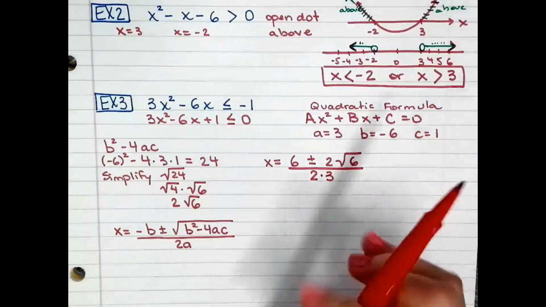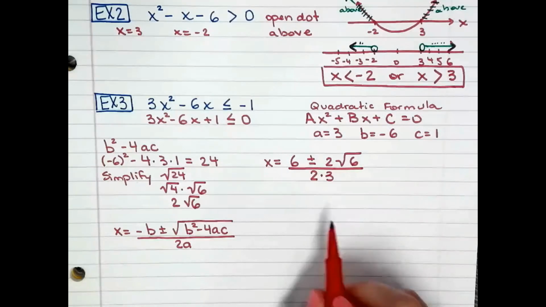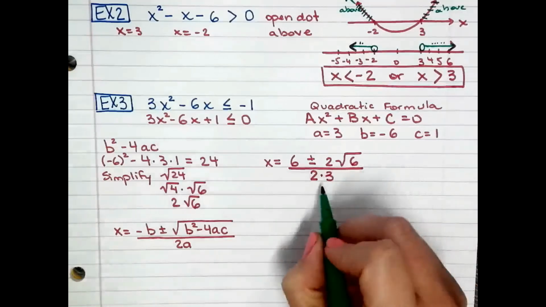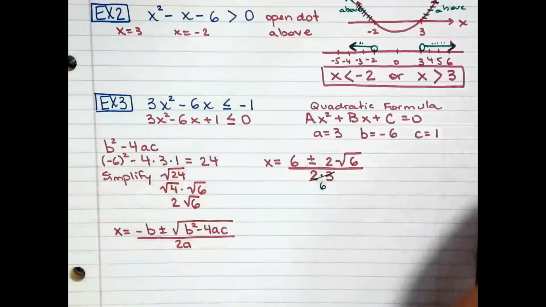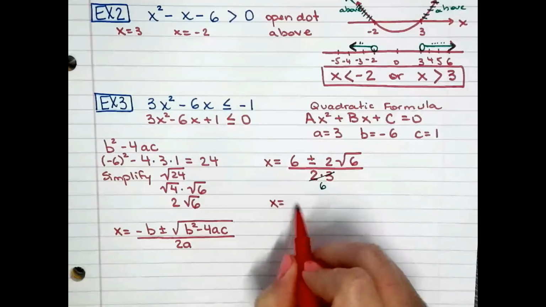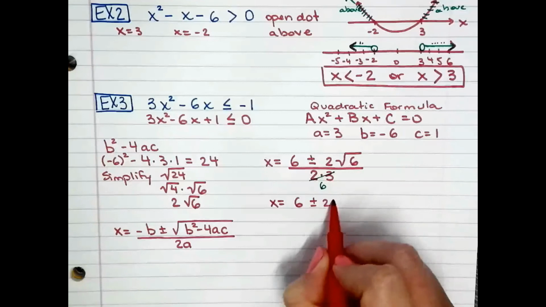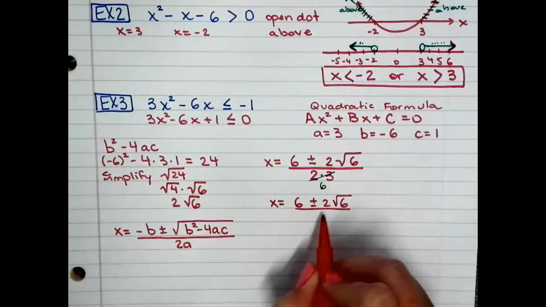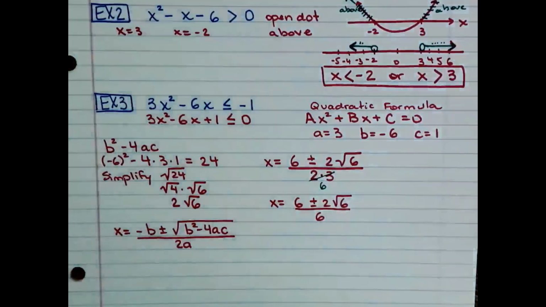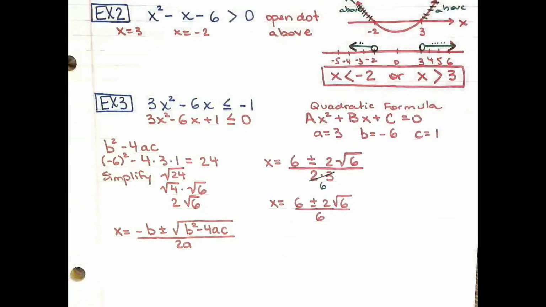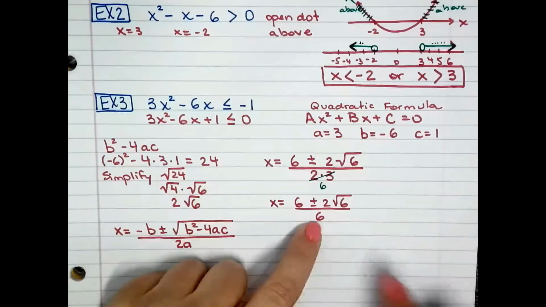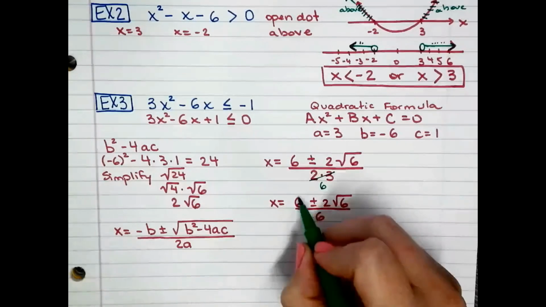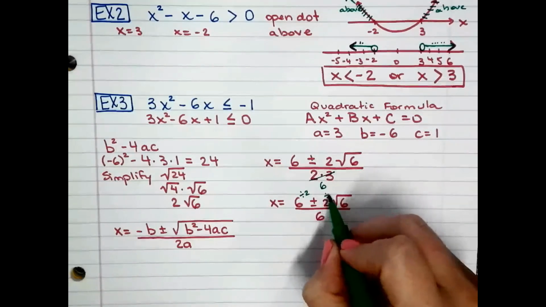Now, you have to be able to simplify this fraction. So this is 6. So let's go ahead and rewrite this. When I look at 6, at 2, and this 6, I know I can divide this by 2, this by 2, this by 2.